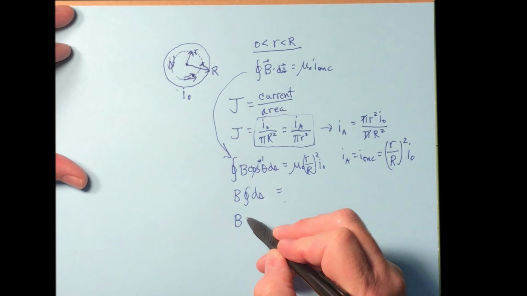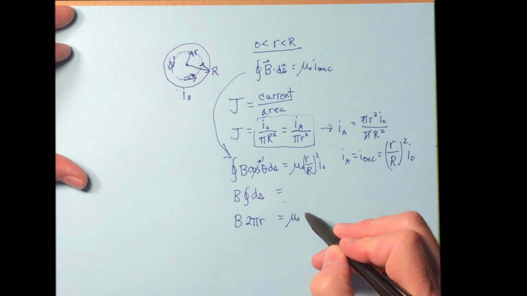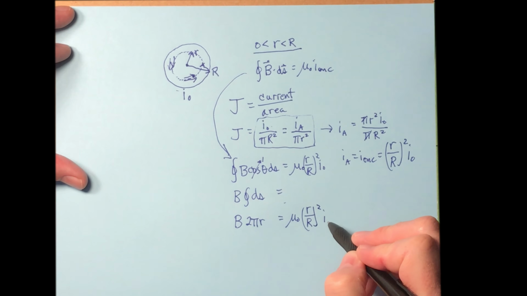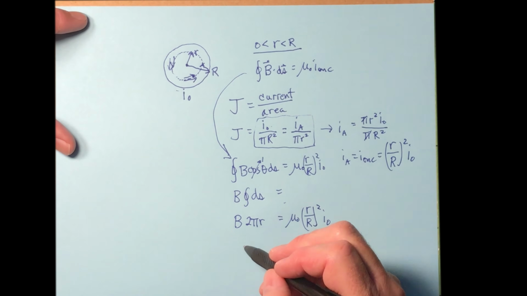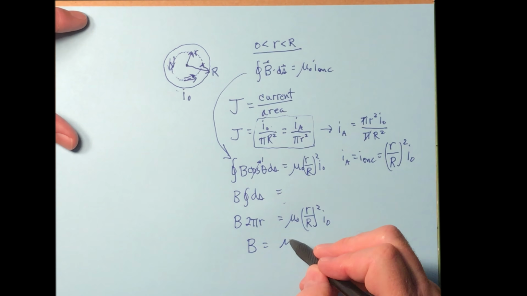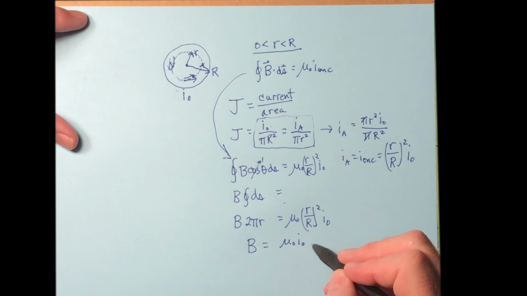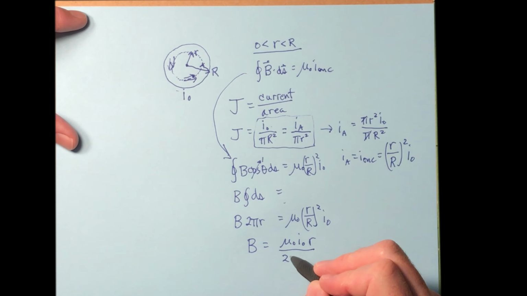So that's just 2 pi r is equal to mu naught r over big R squared times I naught. All right, the next step is solve for b. b equals mu naught I naught times r over 2 pi big R squared.